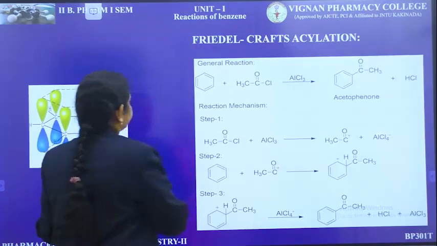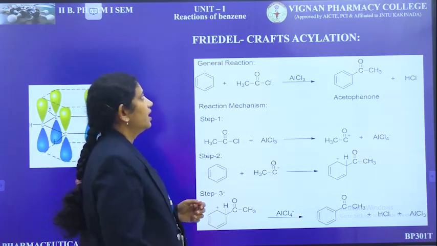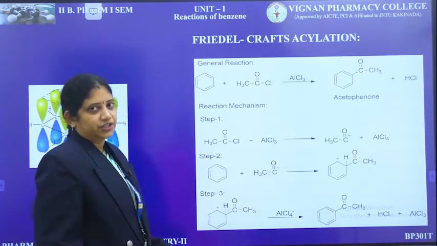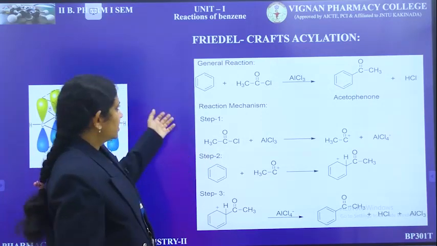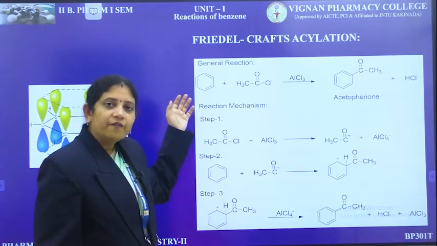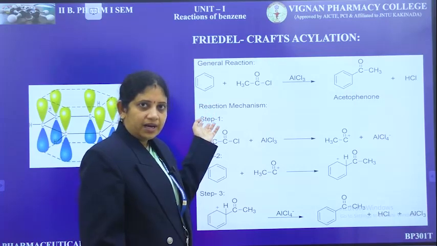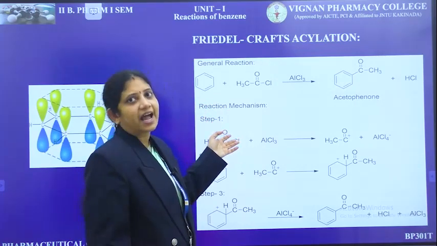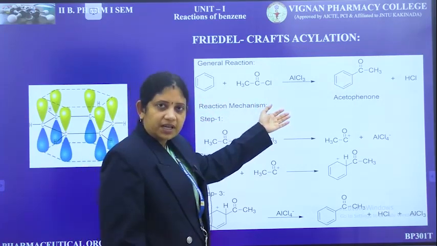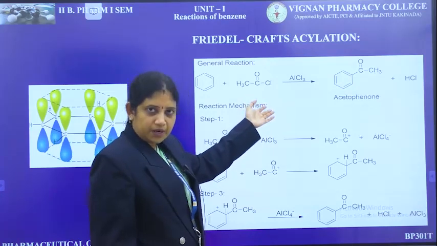Okay. And next, coming to the Friedel-Crafts acylation. This reaction is when benzene is treated with acetyl chloride or acetic anhydride in the presence of a suitable catalyst like aluminum chloride.